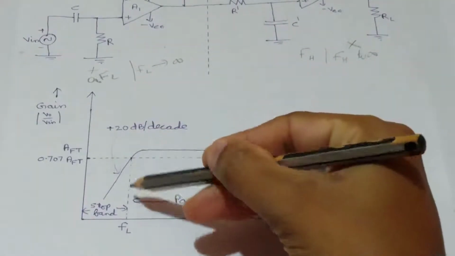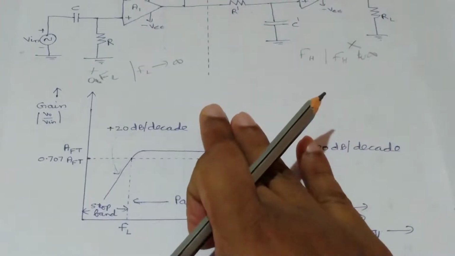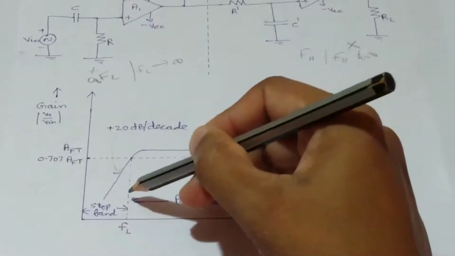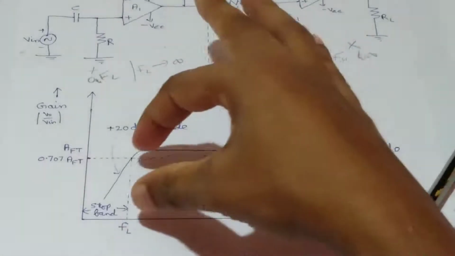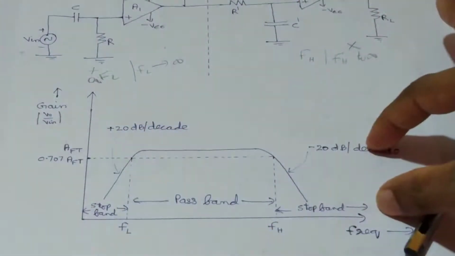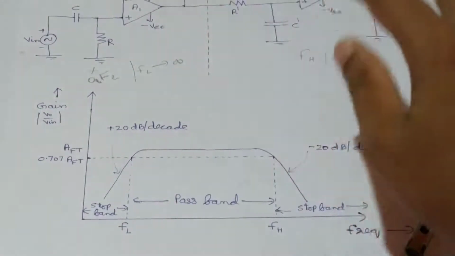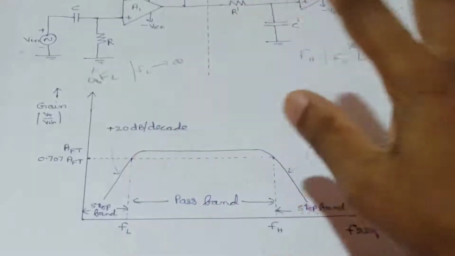This FL is the lower cutoff frequency of that high pass filter, and as we said earlier, this high pass filter passes the frequencies that come after that FL frequency. So from FL to infinity, those frequencies are passed by this high pass filter, and 0 to FL frequencies are attenuated here.